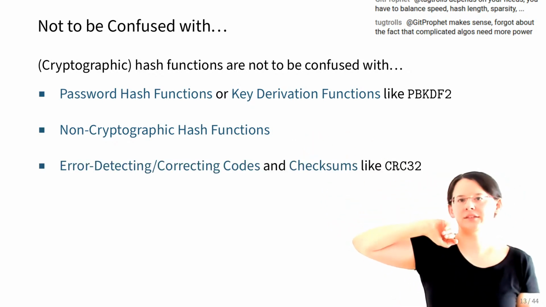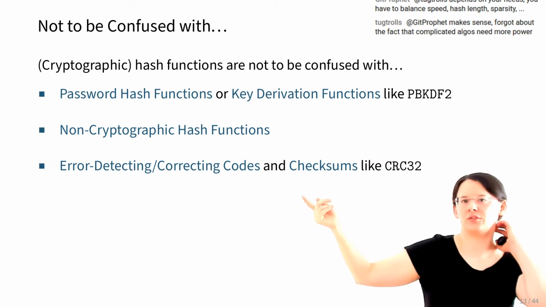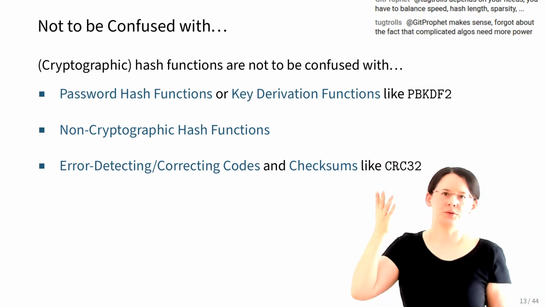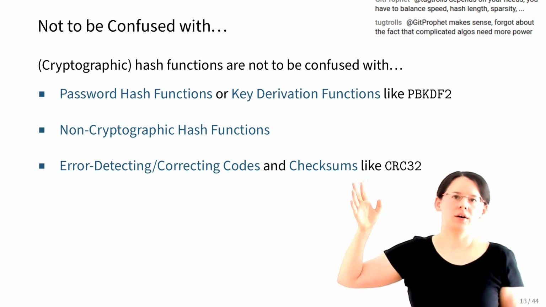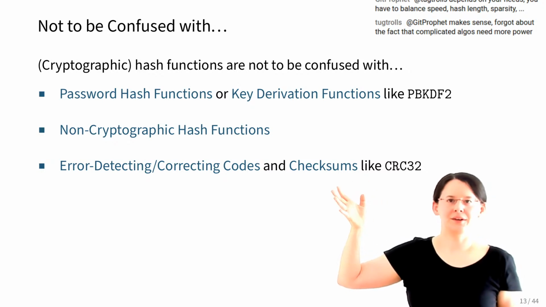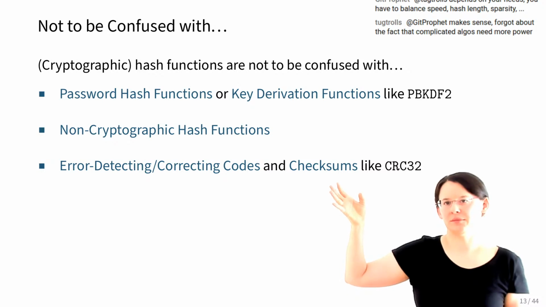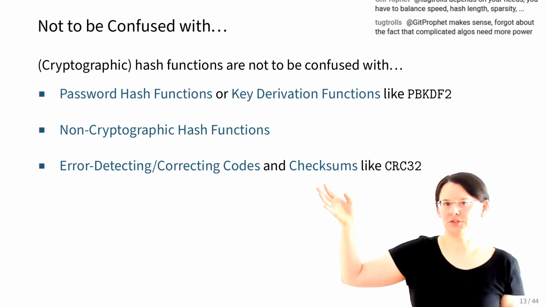There is another type that it can be confused with, and that is error detection or error correcting codes and checksums, like for example cyclic redundancy checks, CRC32, which produces a 32-bit checksum. This is sometimes also used when transmitting data, but not to find out if an attacker modified something, but just to detect an accidental transmission error.